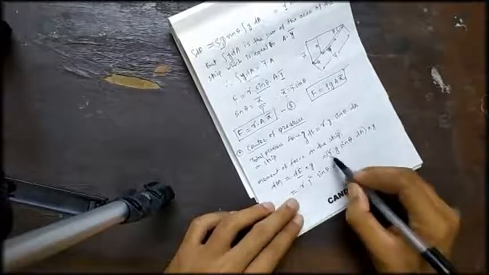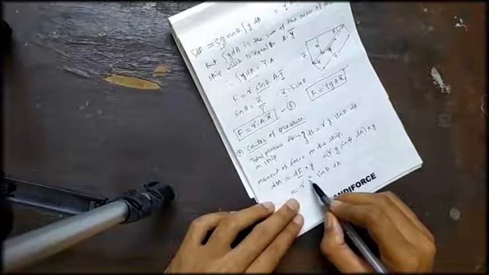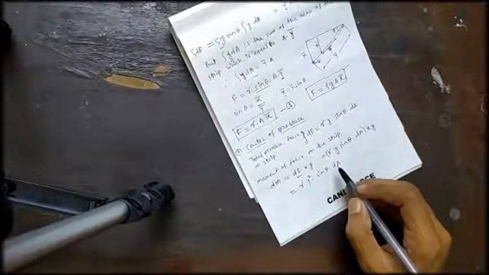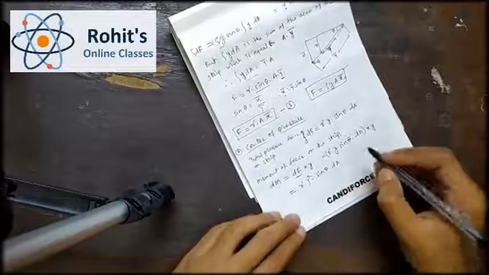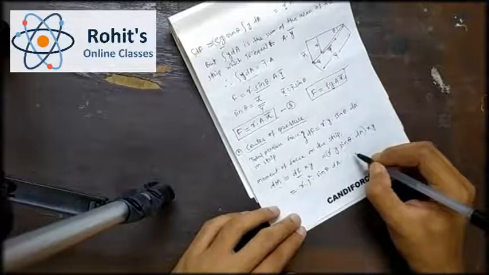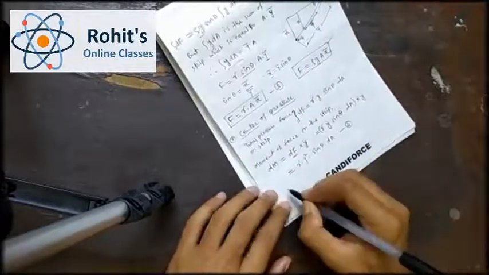We have taken this gamma as it is, then y into y is the product of y, that will be y square into sine of theta into dA, that we have kept as it is. So this is our equation number 4.